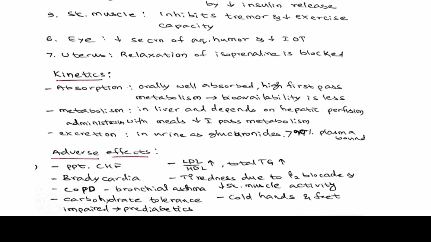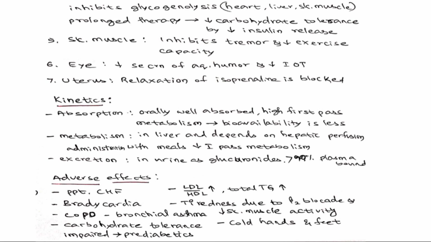Coming to the adverse effects, it can precipitate CHF, congestive heart failure, due to changes in ventricular events. But on prolonged administration, this is taken off and it is beneficial in CHF due to blockade of adrenergic activity.